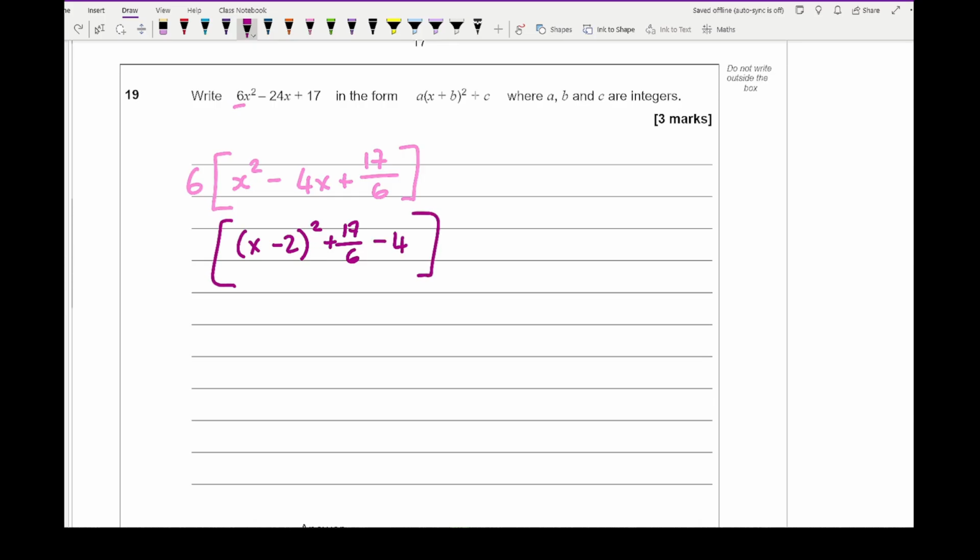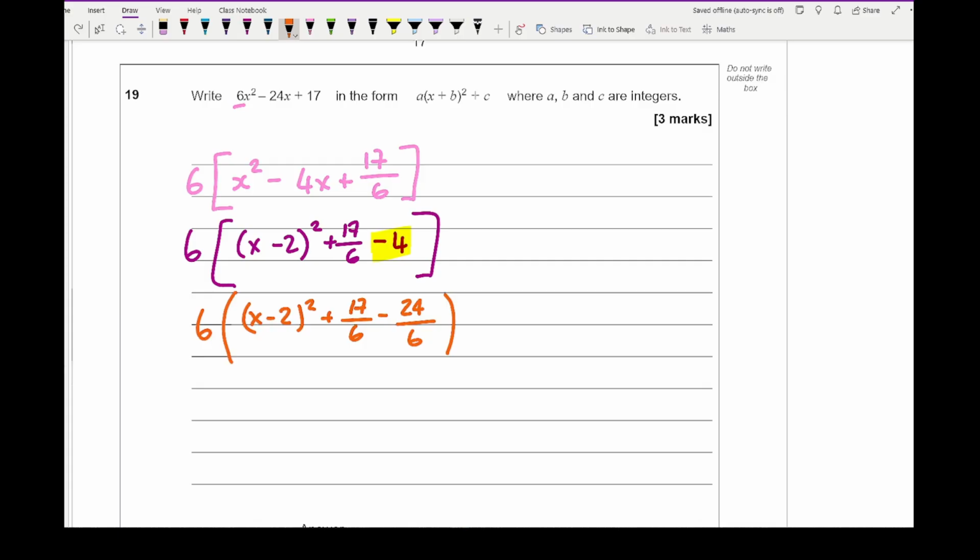And again, try not to forget the 6. Then I want to simplify this, so I can write 4 as 24 over 6, and let's put the 6 there.